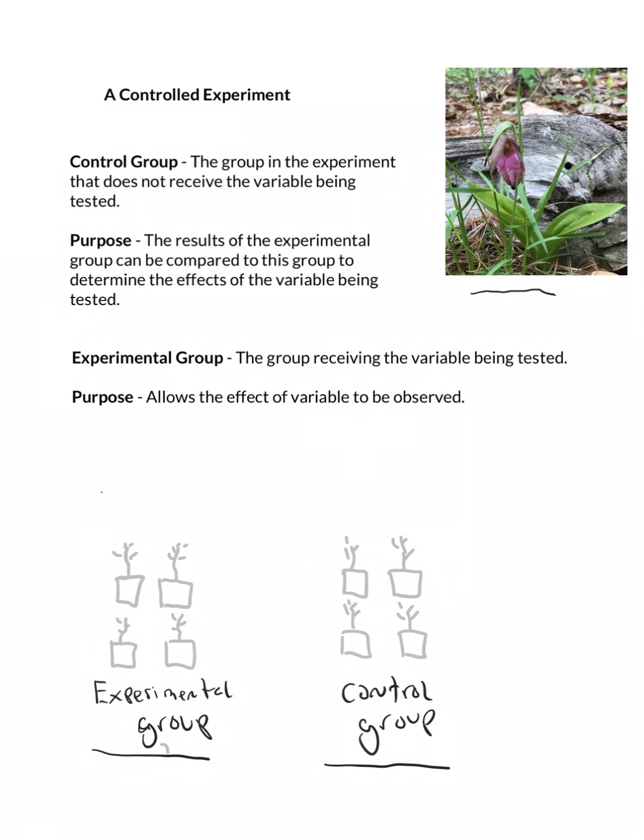So let's say it's fertilizer A. So I'm going to put fertilizer A. So I'm using the fertilizer A in the experimental group. But in my control group, I have no fertilizer at all.